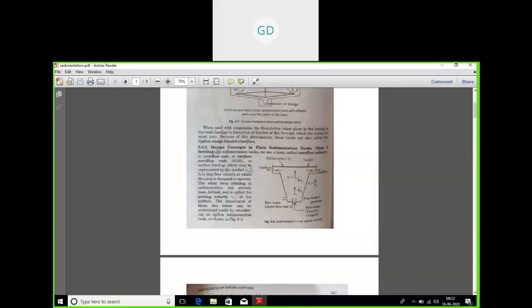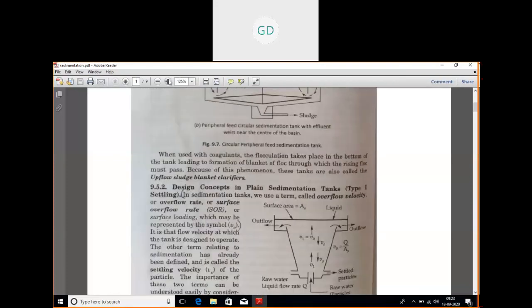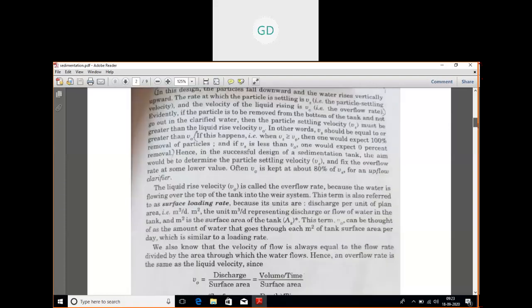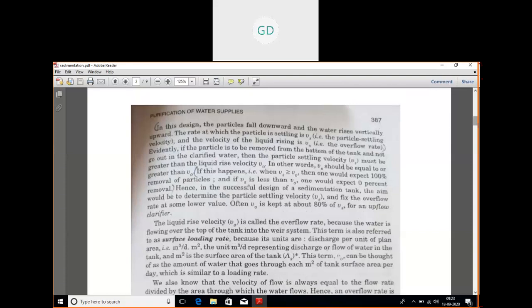So as far as I remember, we were doing the design concepts in plain sedimentation tank, right? In your last class, we talked about the overflow rate and the settling velocity, and the condition so that 100% removal of particles can be expected.